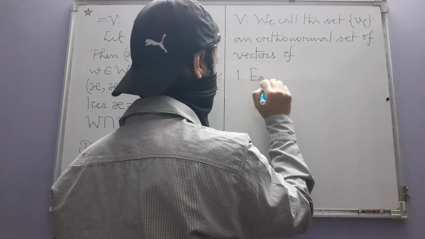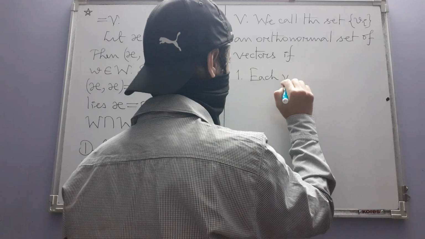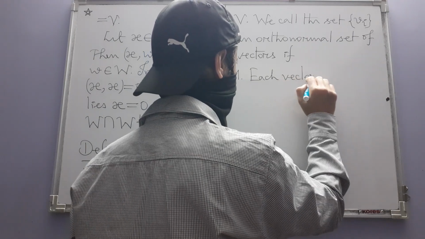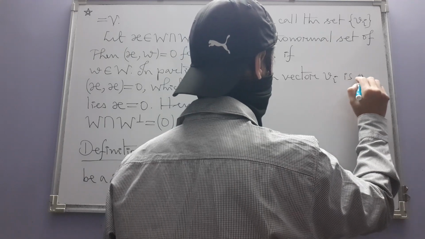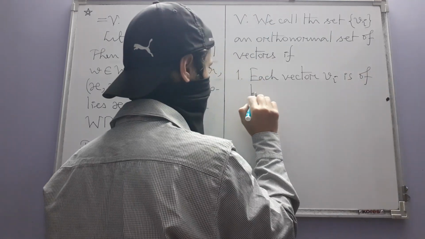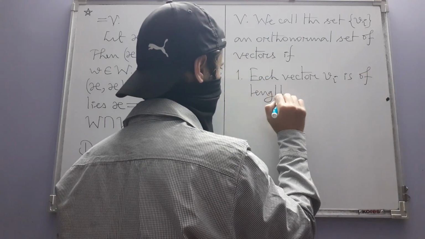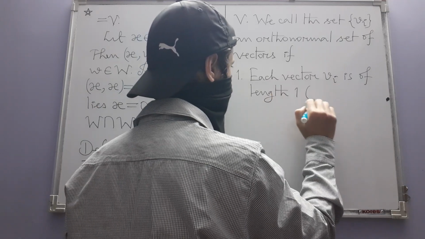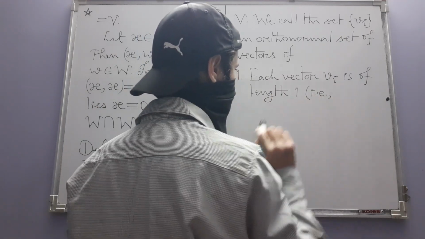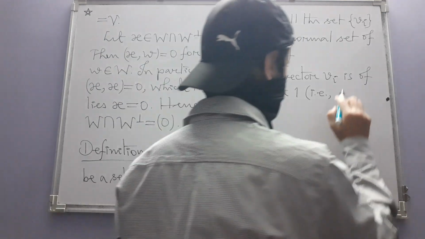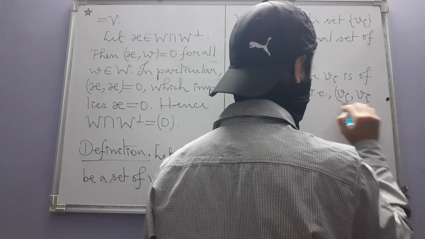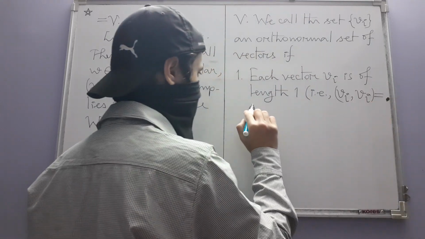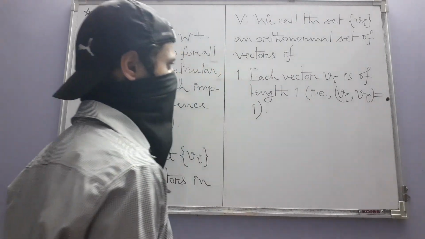Each vector Vi is of length 1, which is equivalent to demanding that the inner product of each Vi with itself is equal to 1.